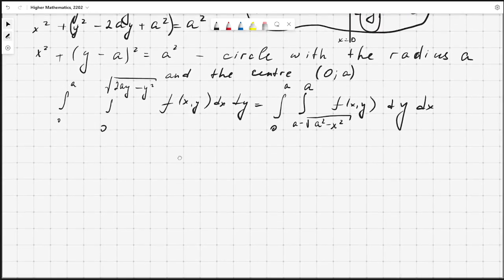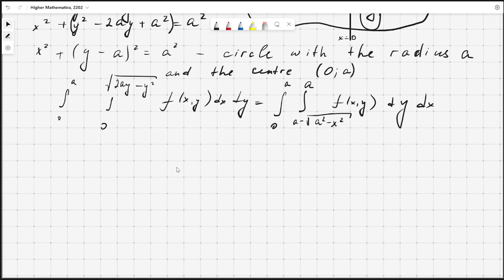Next example, example 17. We will have integral from 0 to 1 of integral from minus square root of 1 minus y squared to 1 minus y of f of x, y, dx dy.